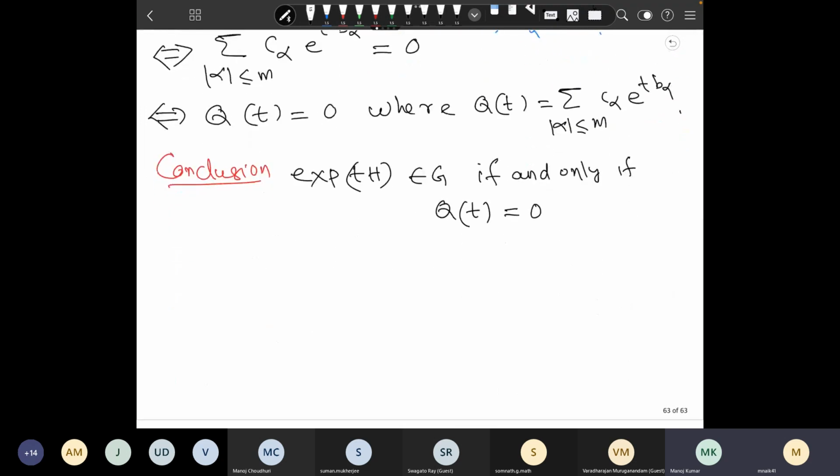But we know that exponential of kh belongs to G for k belonging to Z. This is by hypothesis.